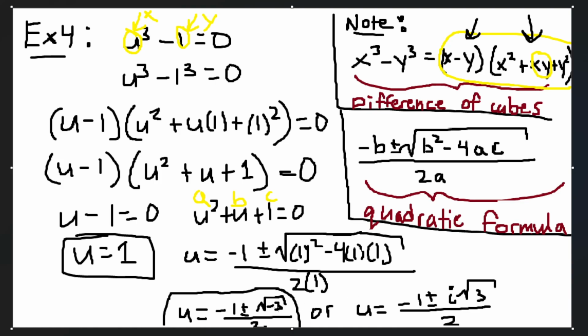So either would be an acceptable answer. And we'll notice that there are two solutions for this u. The negative 1 plus the square root of negative 3 over 2 is a solution, and the negative 1 minus the square root of negative 3 over 2 is a solution. And this is also one solution, the u equal to 1.